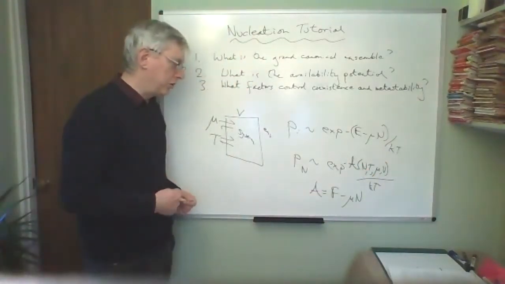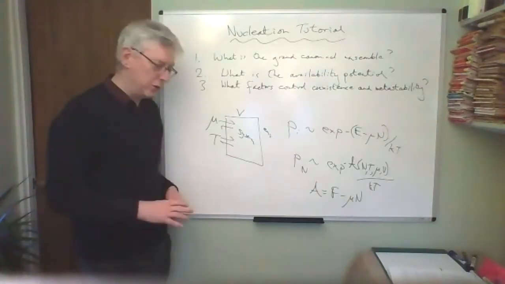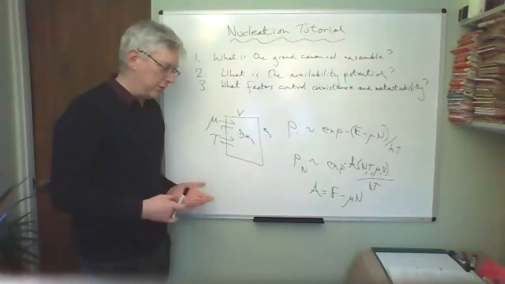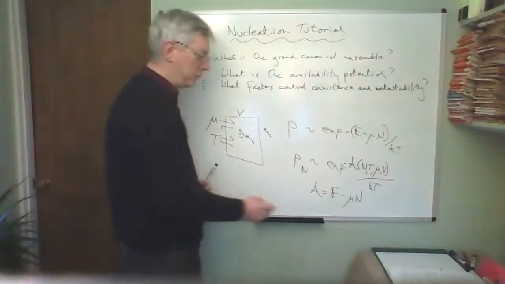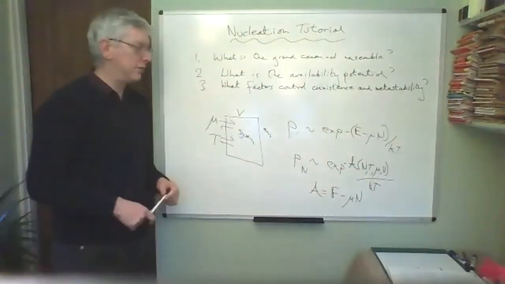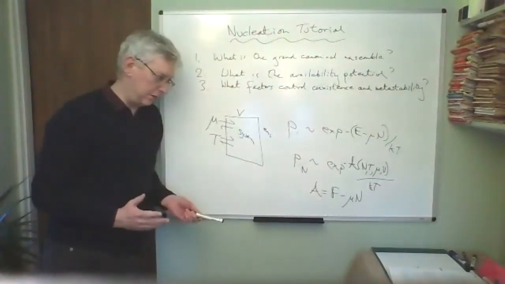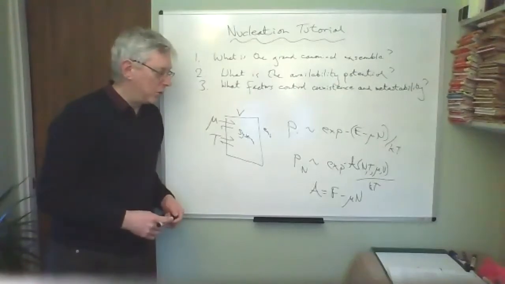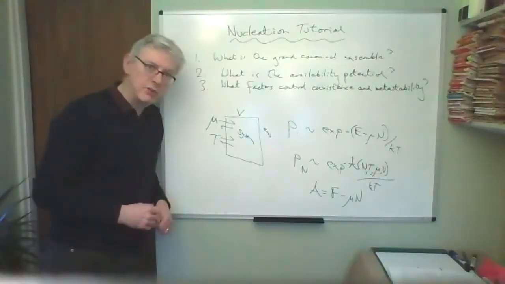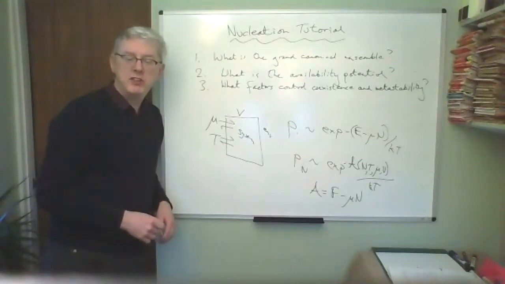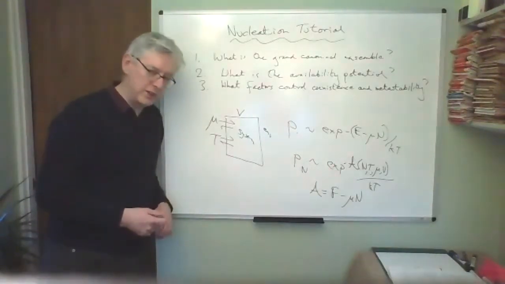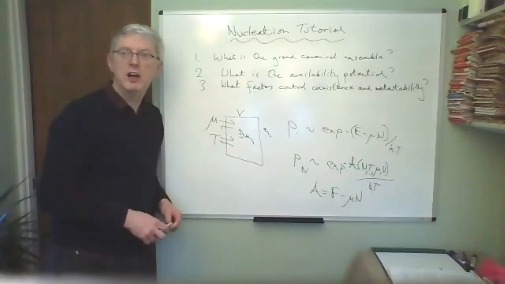Less so the volume, because one can scale up and down in volume and the phase change will still take place principally when the chemical potential is high enough, that will drive the phase transition, or when the temperature is low enough. Looking out of my window once again, because the humidity is high, that means the chemical potential of the gas phase, the water vapor phase, is high.